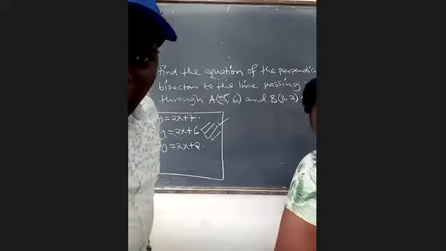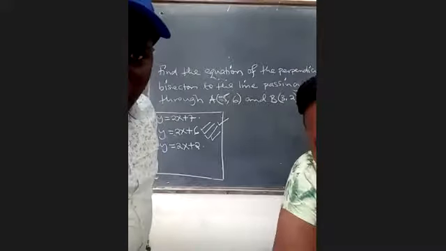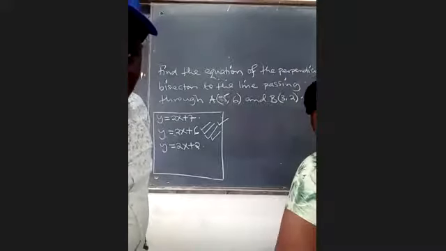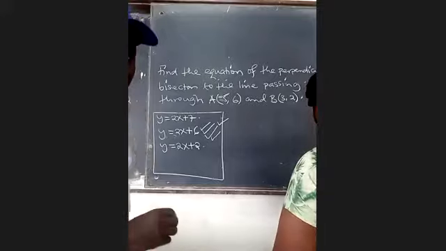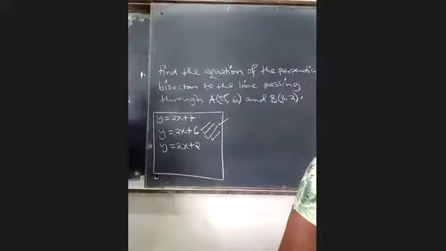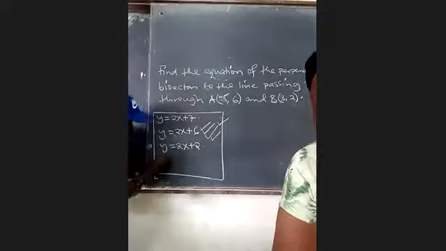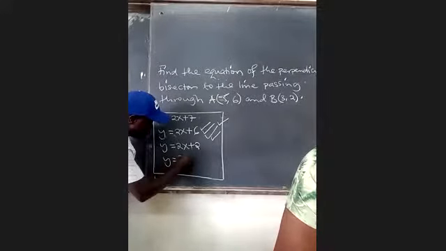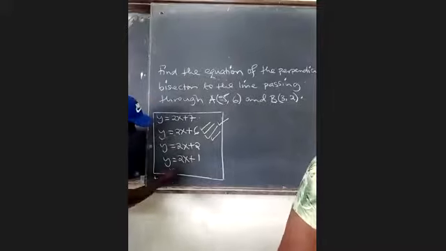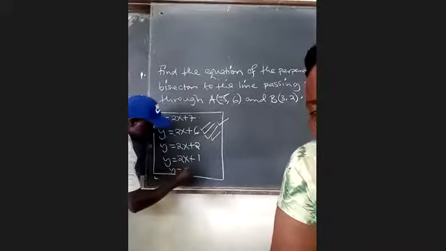Some are there in the Google answered that one. Excuse me, teacher. Why do we find it? Because those are perpendicular lines, and we have to get the gradient of the second line. They are not parallel lines. So another answer is 2x. Okay. Then 4x plus 20.